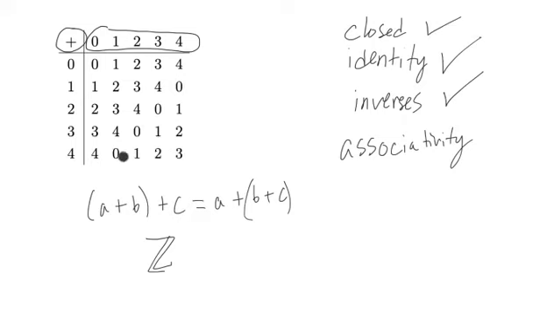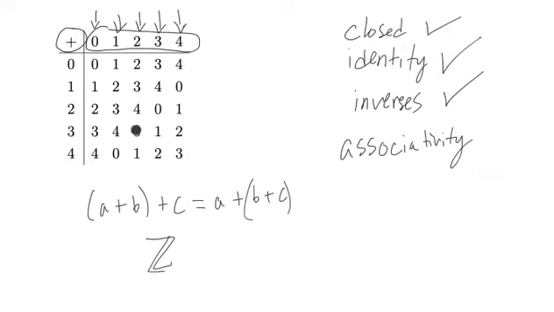Actually kind of what's going on, if you think of these numbers as simply representing ideas, such as this 0 representing something like multiples of 5, this one being like 1 more than a multiple of 5, 2 more than a multiple of 5, 3 more than a multiple of 5, 4 more than a multiple of 5, then actually this table gives you the rule for what happens when you add a number that's 2 more than a multiple of 5 to one that's 3 more than a multiple of 5.